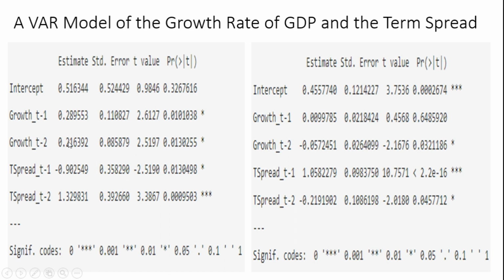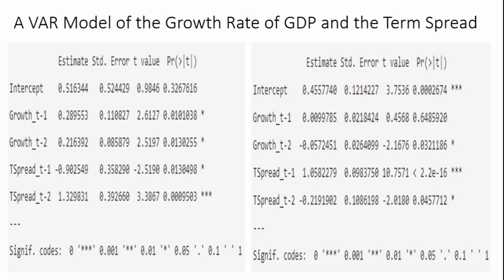coefficient of term spread of lag 2 as an elasticity, which means that when the lag 2 term spread increases by 1%, the GDP growth of the current period increases by 1.32%.